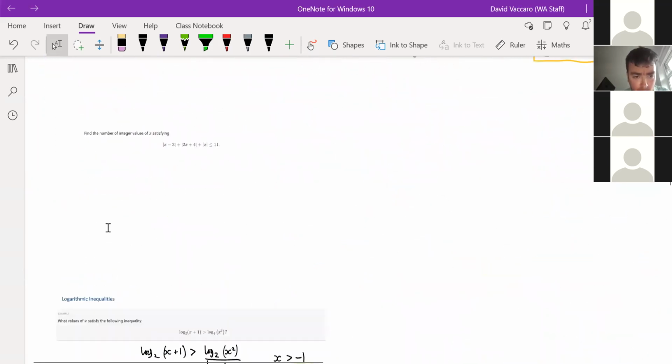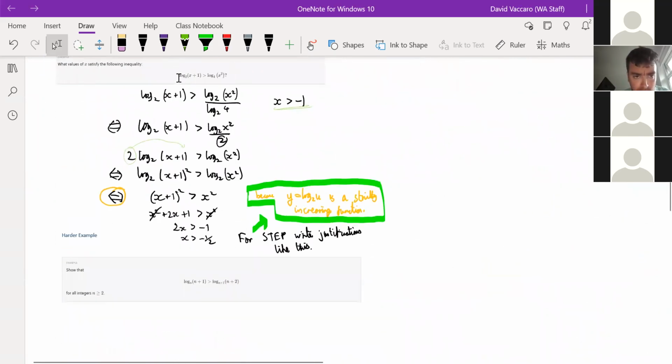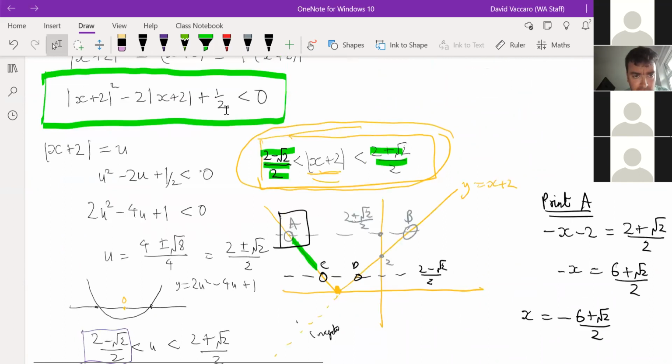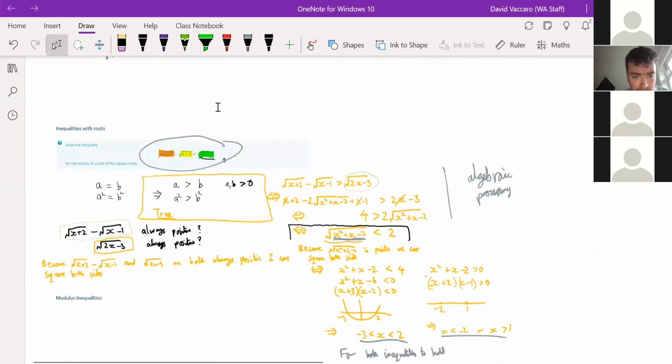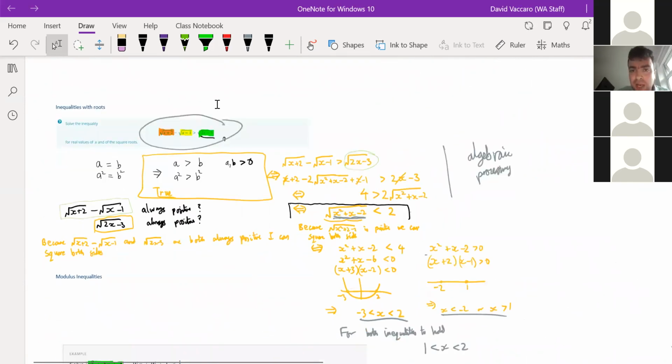And the moral, for the ones involving logs and the ones involving moduluses and square roots, is that the algebraic processing was no harder than what you did last week with the rational inequalities, but you needed to be very careful about signs, S-I-G-N-S. Okay, so that's what I wanted to say.